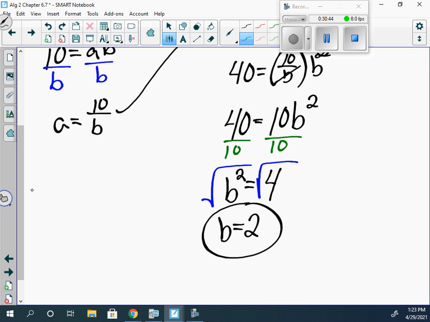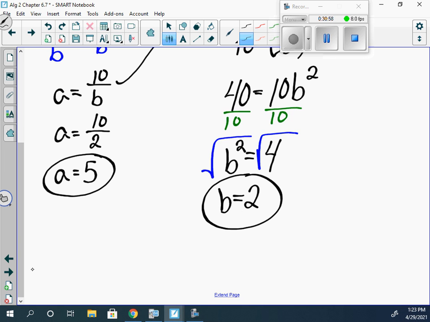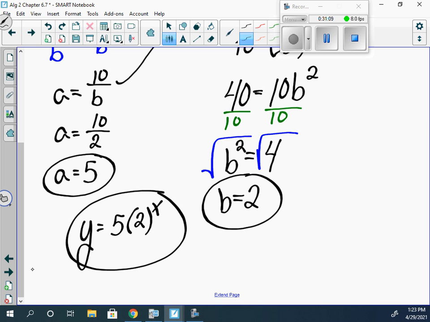We're almost done. We need to find the value of a. So a would equal 10 divided by 2. So a is 5, which means our equation, as we saw, is y equals 5 times 2 to the x.